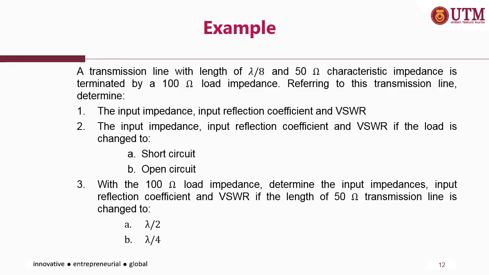Okay, let's look at an example. Given a transmission line with length of lambda over 8 and 50 ohm characteristic impedance, the characteristic impedance Z0, is terminated by a 100 ohm load impedance, so this is your ZL. So a transmission line, where L is lambda over 8 and terminated by ZL.